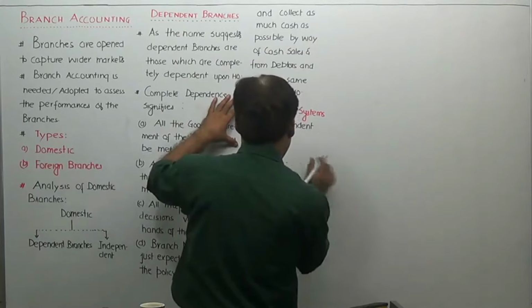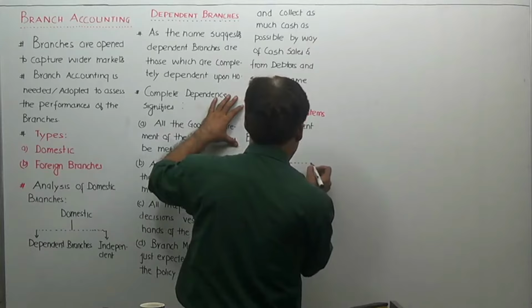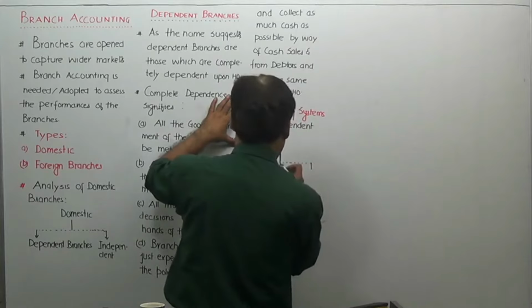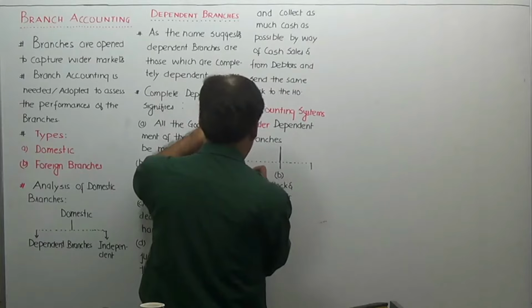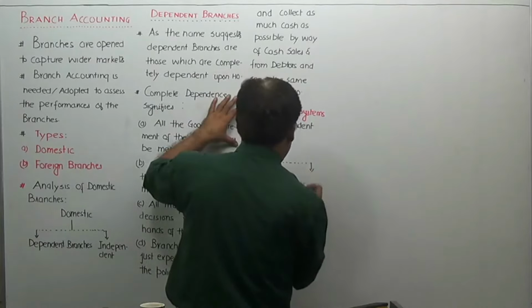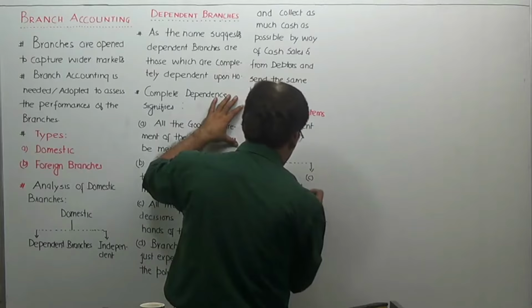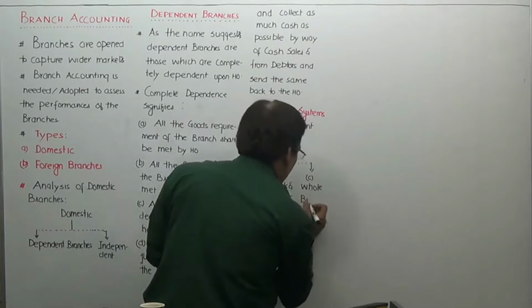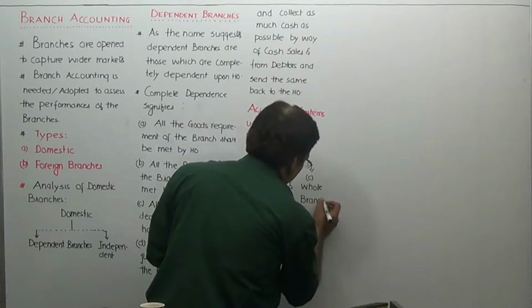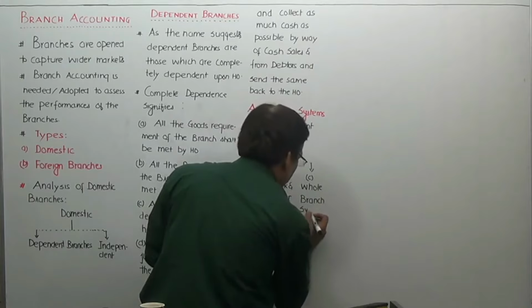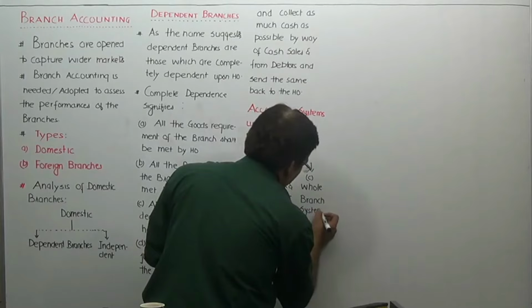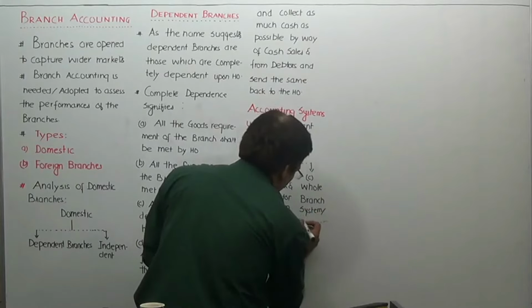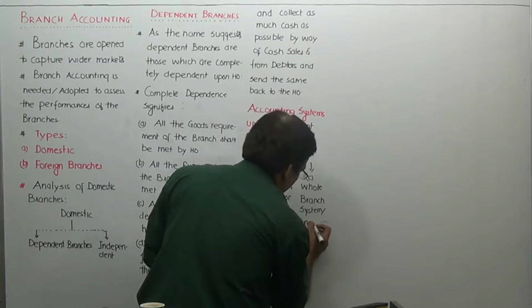Then wholesale branch system, also known as final account system.